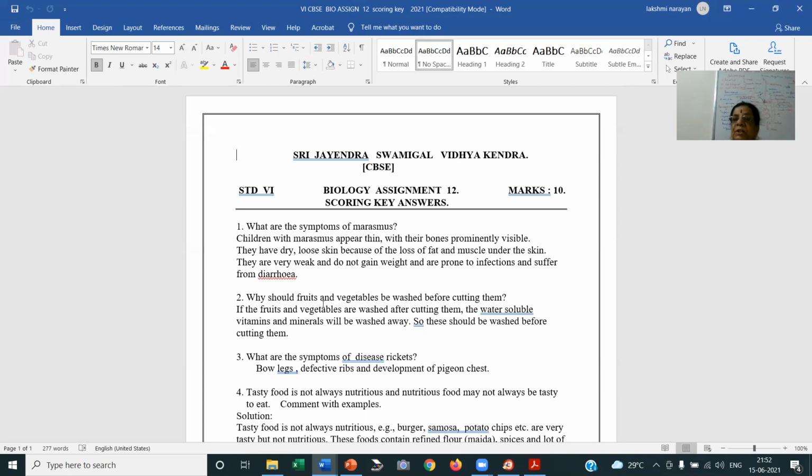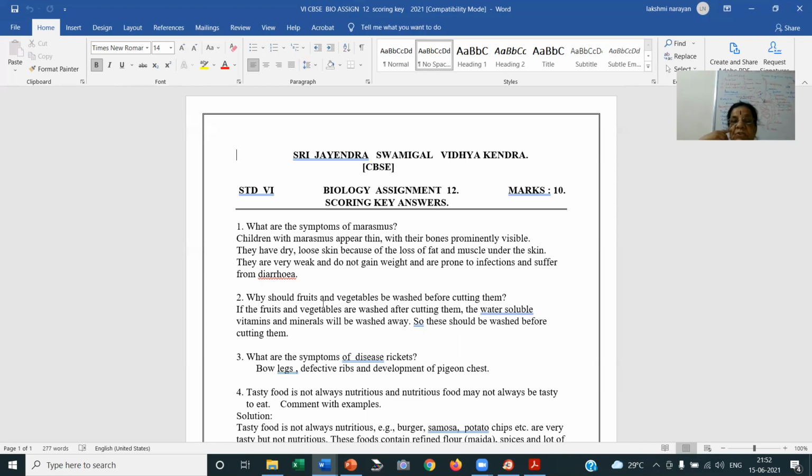They are very weak, do not gain weight, and are prone to infections and suffer from diarrhea. Prone means a chance of getting diseases quickly. Diarrhea means loose motion.